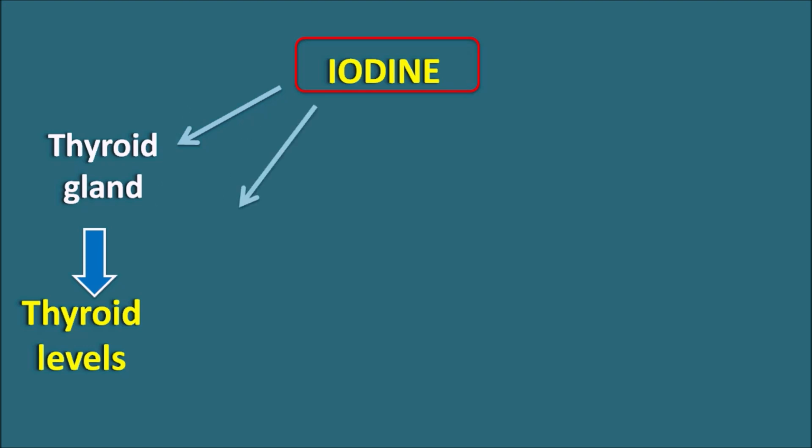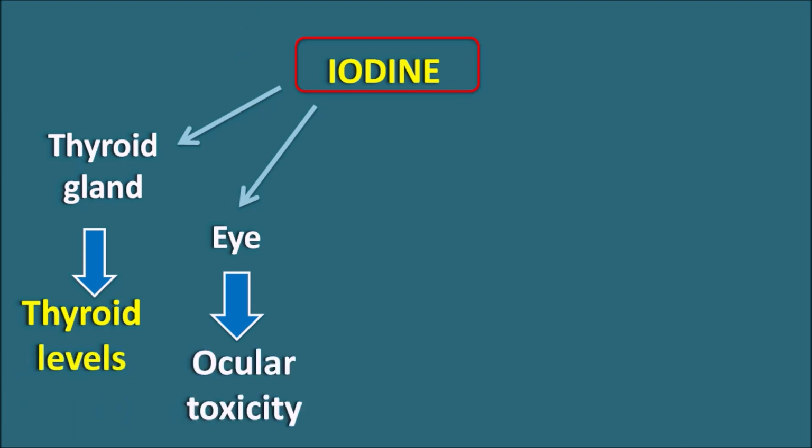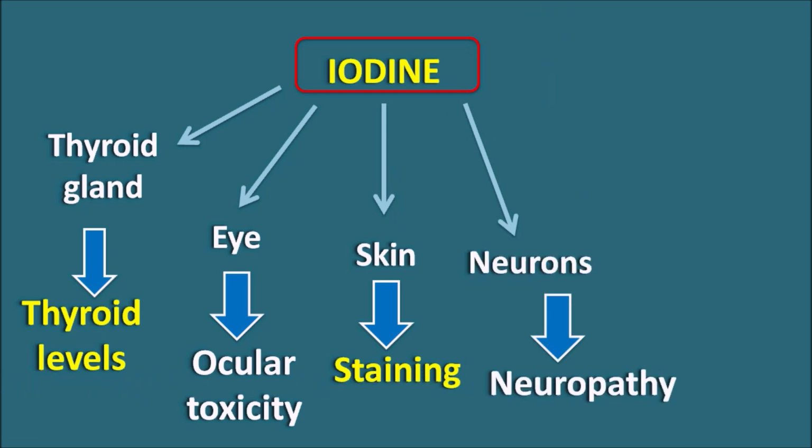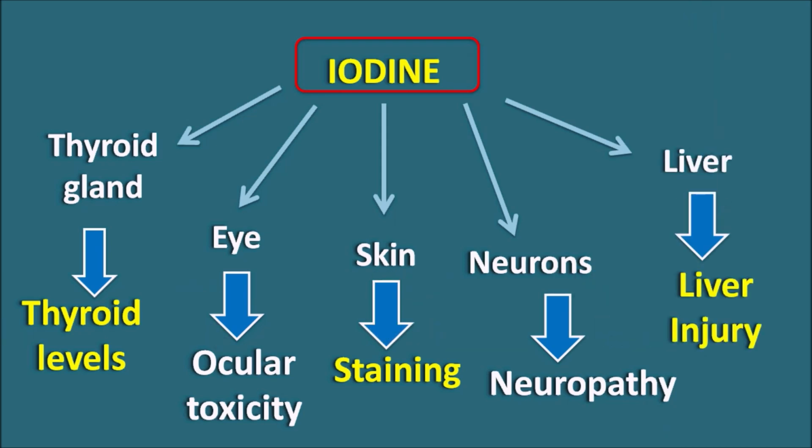Similarly, iodine can also affect the eyes, producing ocular toxicity, and it can also affect the skin to produce staining. It can also affect the neurons to produce peripheral neuropathy. Finally, it can also affect the liver and produce liver injury. So all these are the various side effects that can be observed with iodine when it is excessively consumed.